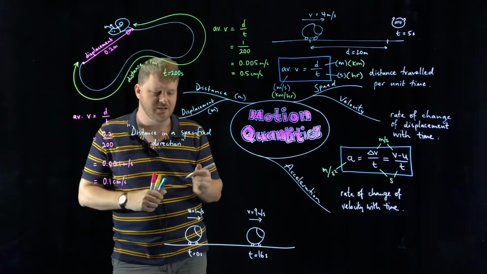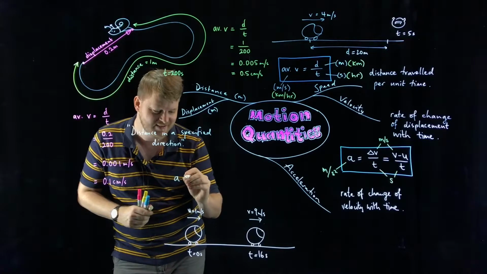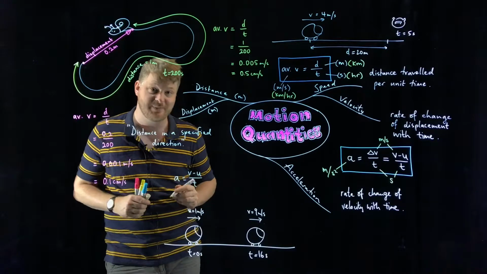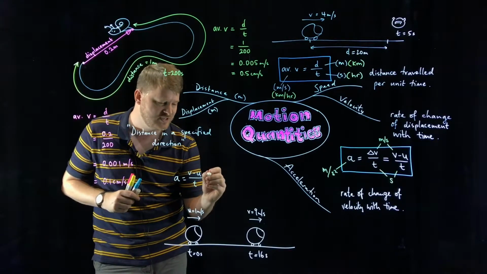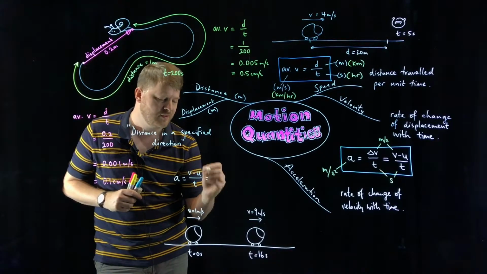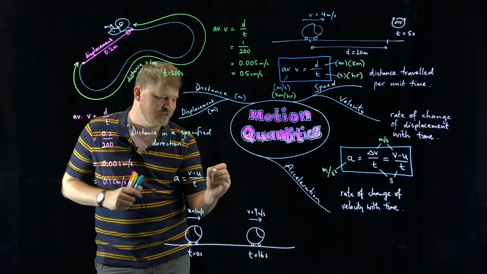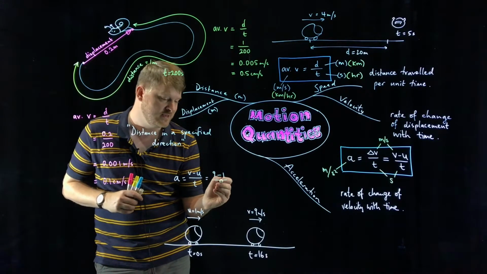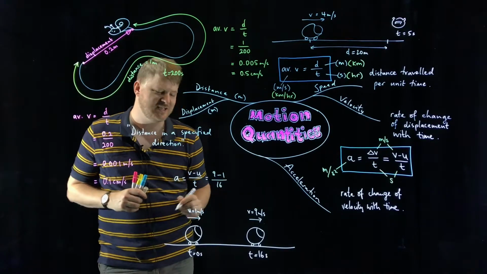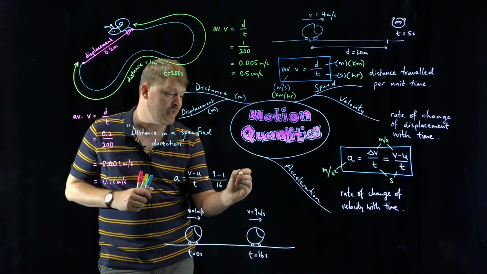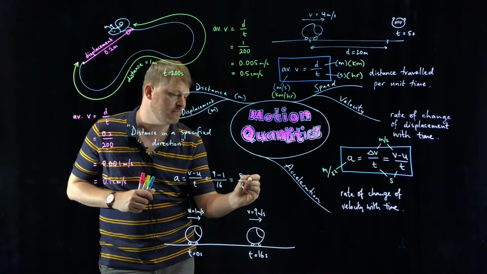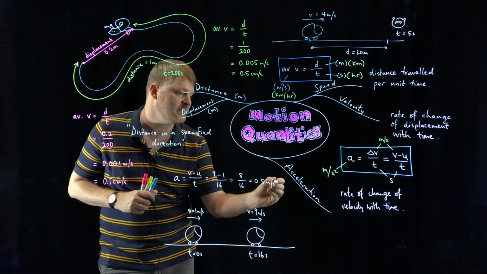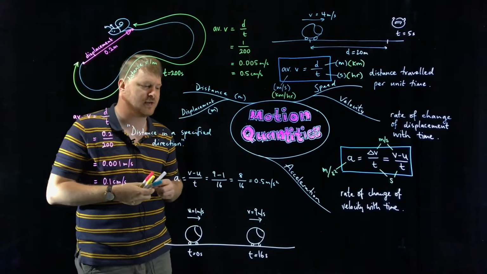Let me show how you do that using the formula. So acceleration equals change in velocity, or change in speed in this case, same because there's no change in direction. The final velocity is 9, the initial velocity is 1, giving us a change of 8, and the time taken for that change is 16 seconds. So 8 divided by 16 is 0.5 meters per second per second, or meters per second squared.